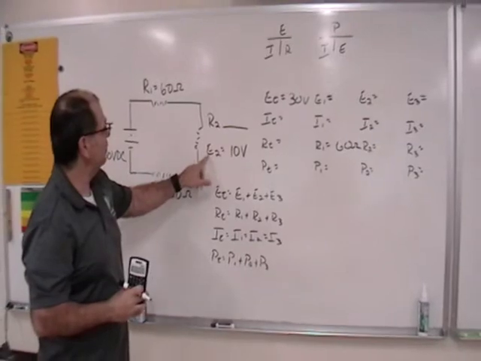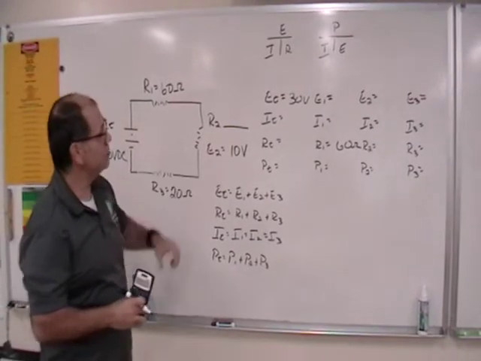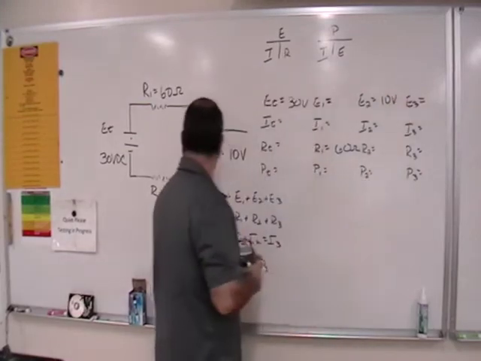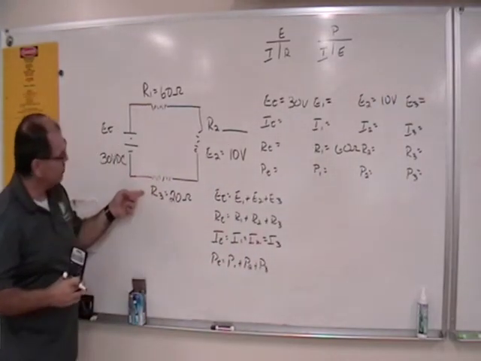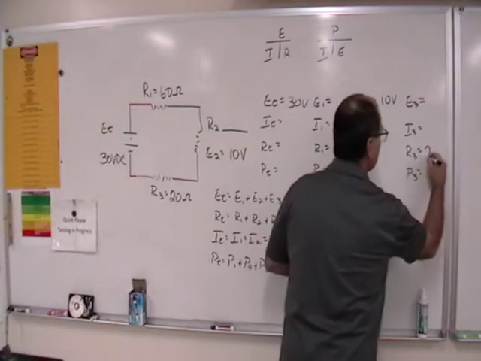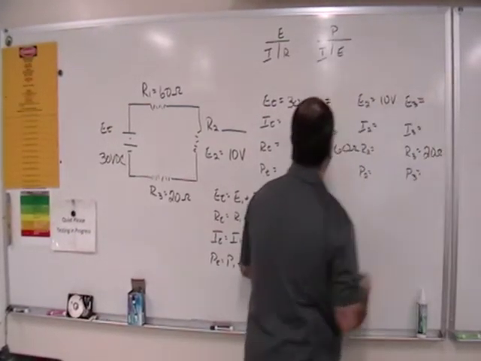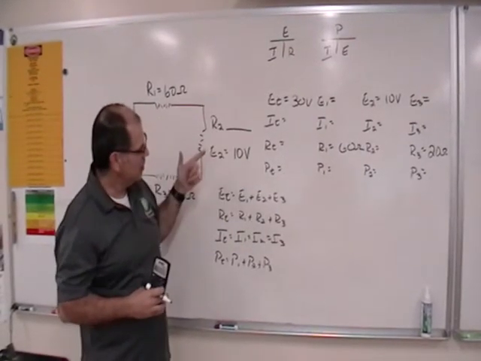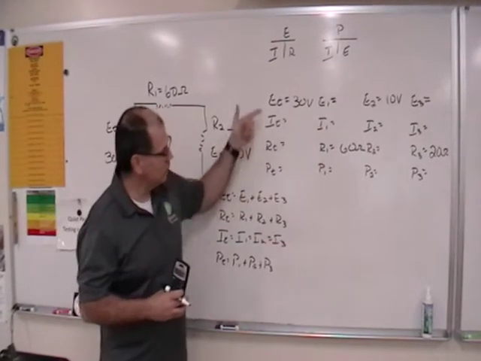We know that the voltage at the second resistor is 10 volts. And we know that the value for the third resistor is 20 ohms. Okay? So this table helps us to fill out the rest of it.